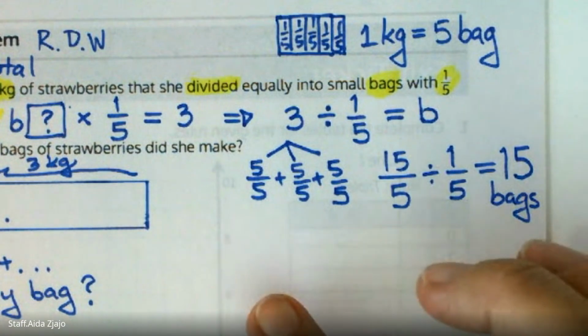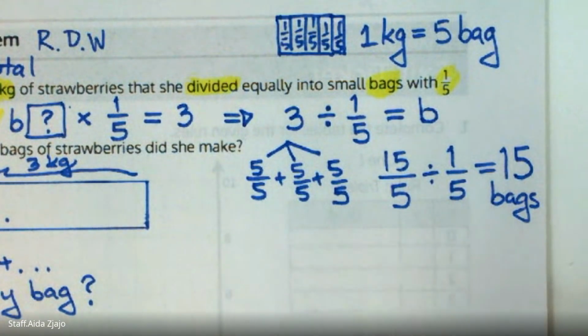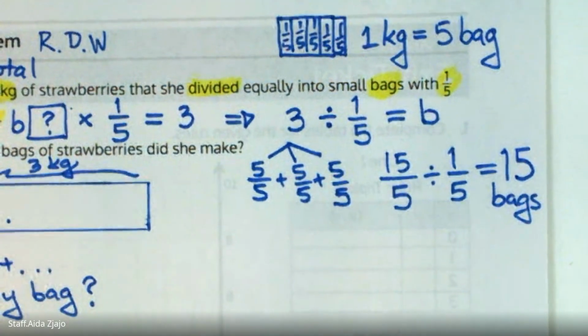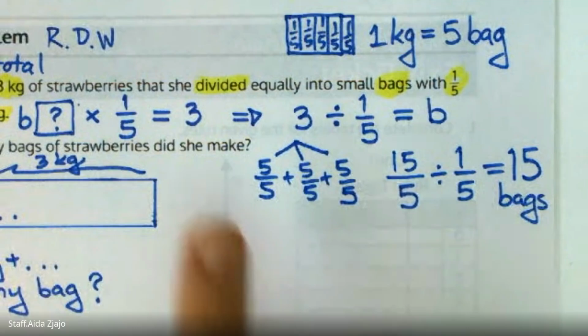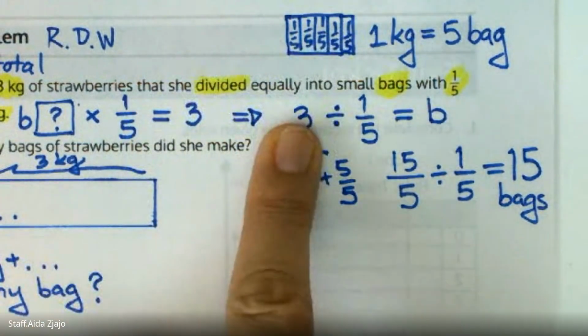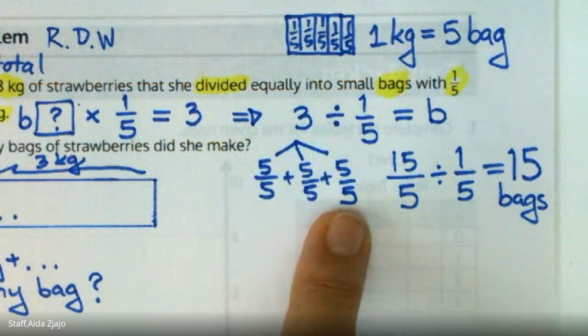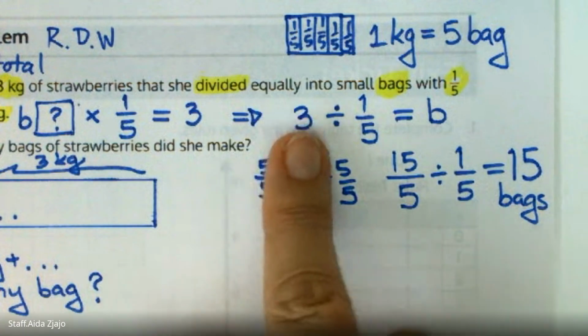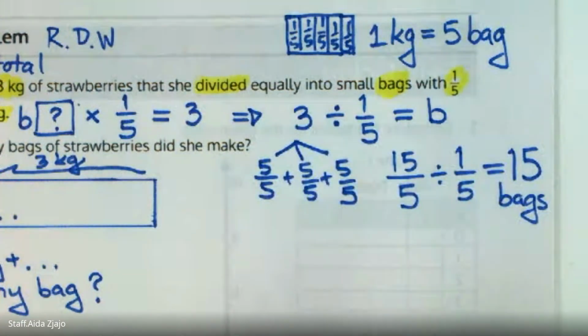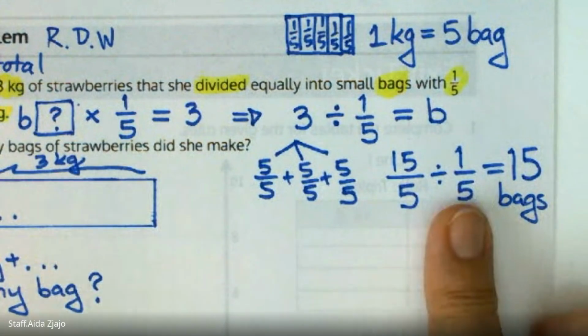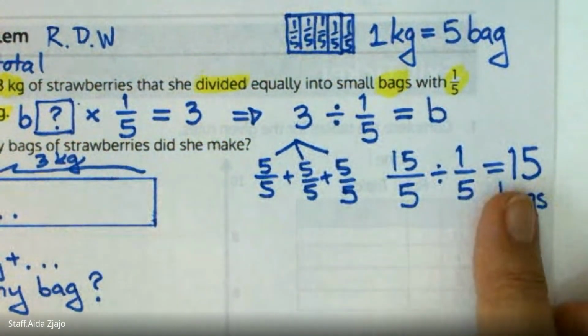It's better if you think logically about how we can do this when we are thinking about fractions: 3 wholes changing to pieces. Each 1/5 will represent 1 bag. She'll put 1/5 of a kilogram of strawberries in each bag, so she'll make 15 bags.